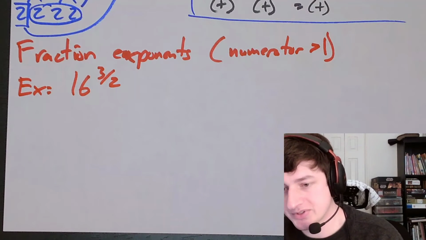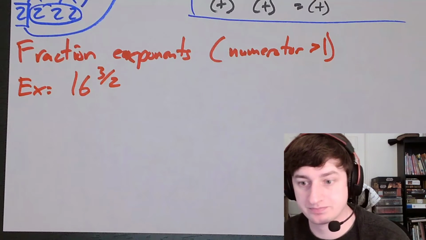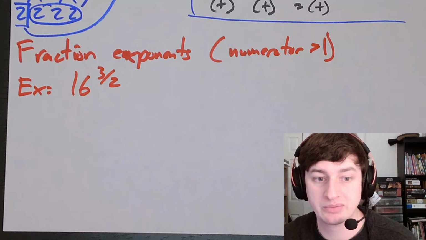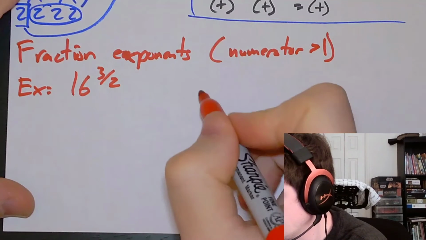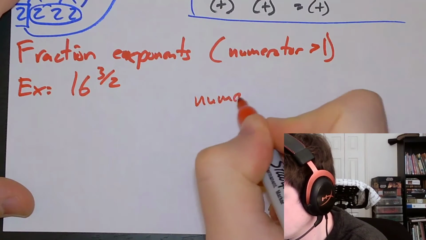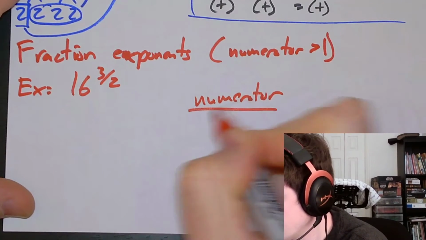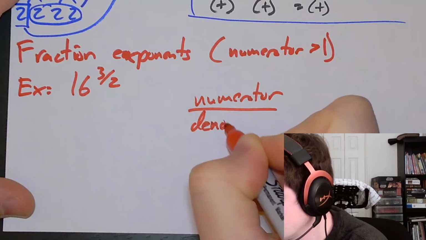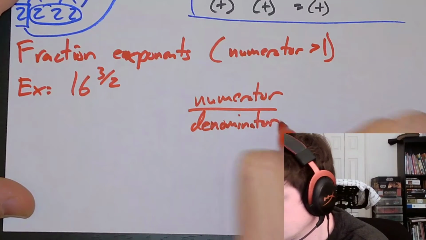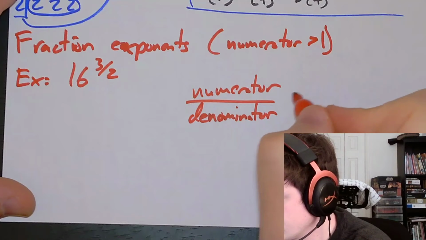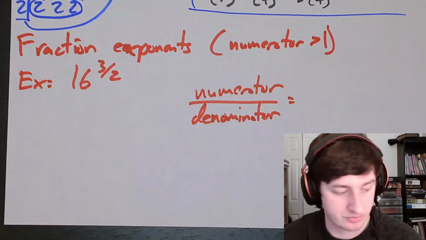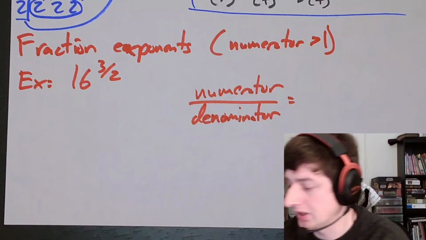So we need to remember something about fractions. We can rewrite them as multiplication. Here we have a numerator, that's the top, and the denominator. And for this problem, it's 3 over 2, right? 3/2.